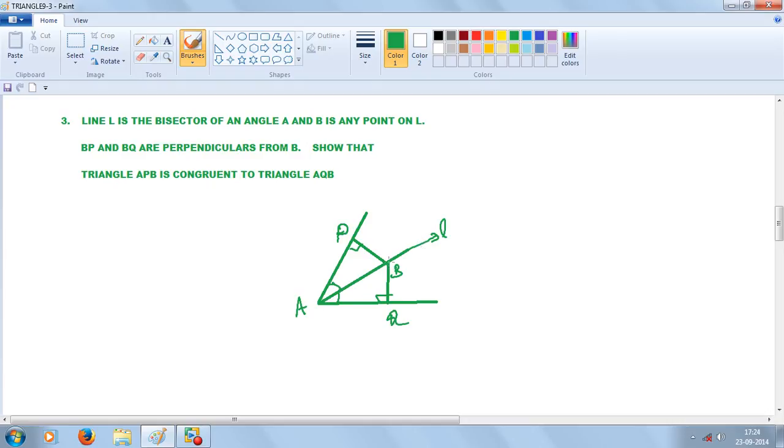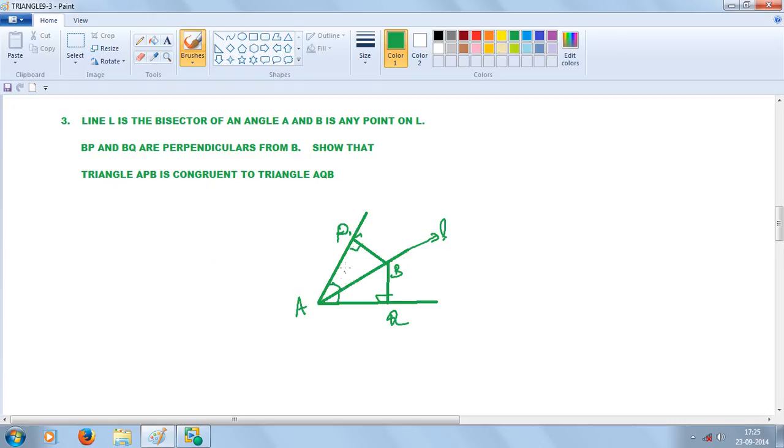We take some point B, any point on the line L. Draw two perpendicular lines from B, which meet the two lines at P and Q as shown in the diagram. So to show that triangle APB and AQB are congruent.